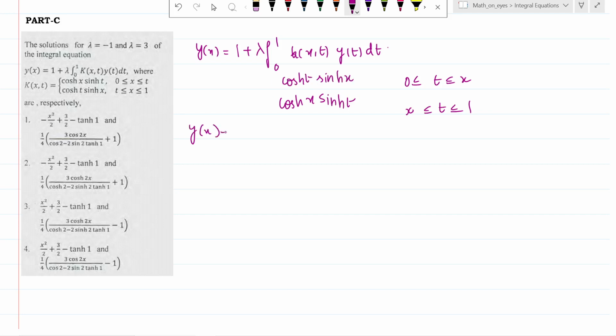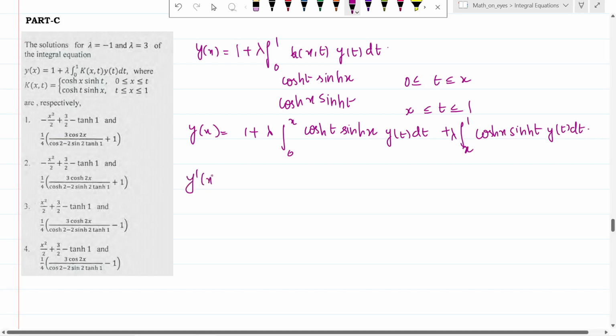Y of x is equal to 1 plus lambda times the integral 0 to x cos ht sin hx into y of t dt, and then plus the integral x to 1 cos hx sin ht into y of t dt. So we solve by the method of Leibnitz rule. So y dash of x is equal to, here we have lambda outside completely, integral 0 to x.